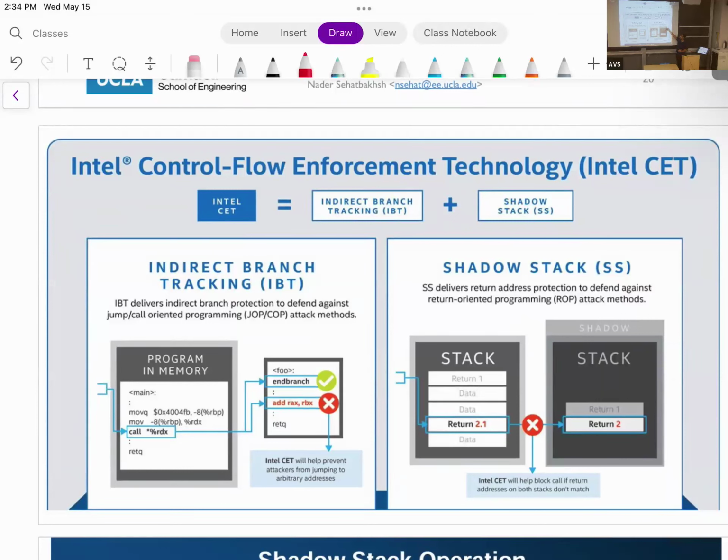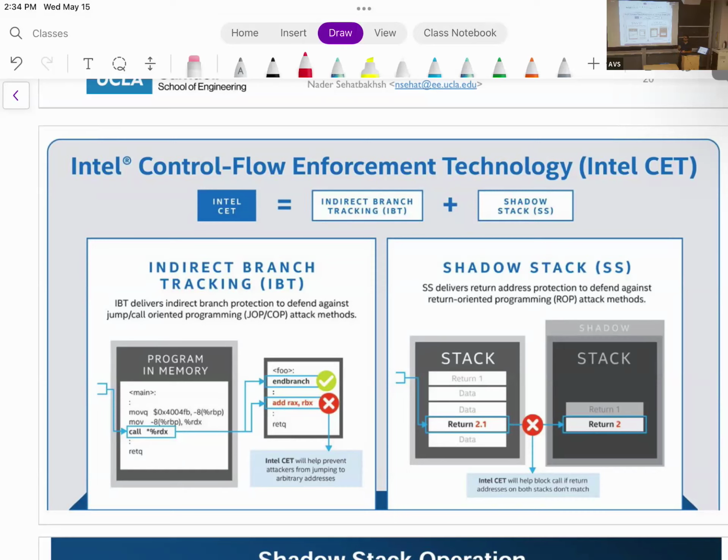The main one is this technology called Control-flow Enforcement Technology, or Intel CET. Intel CET has two main components to ensure that control flow integrity is preserved. It has this shadow stack system, SS. If you remember how control flow integrity works, essentially you use the code pointer to override things.